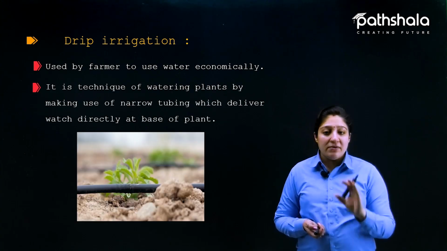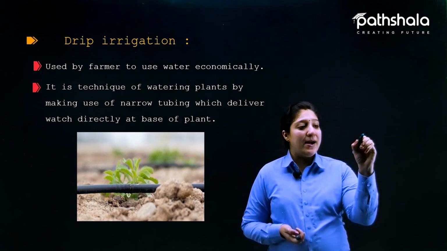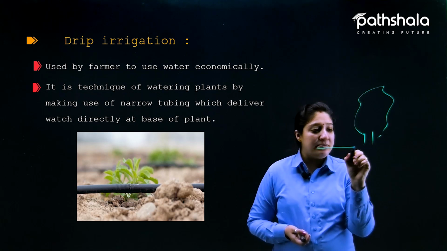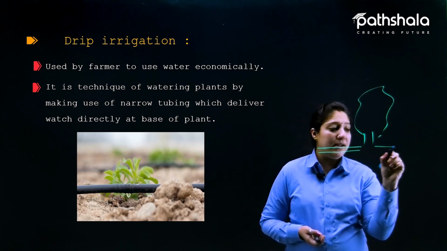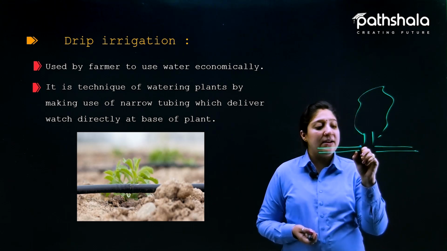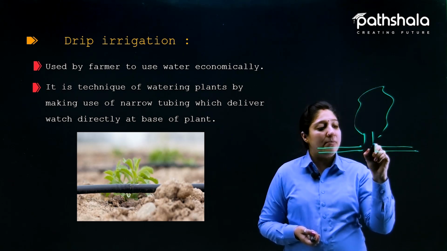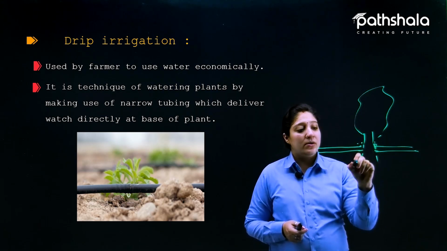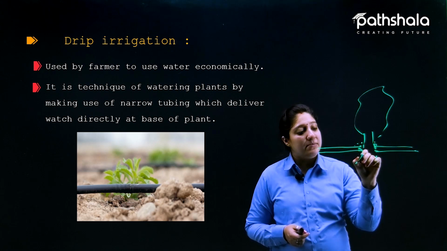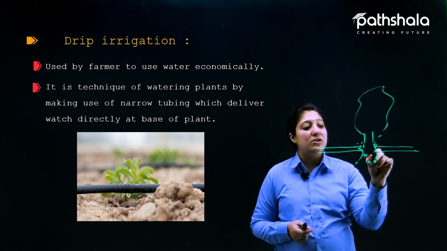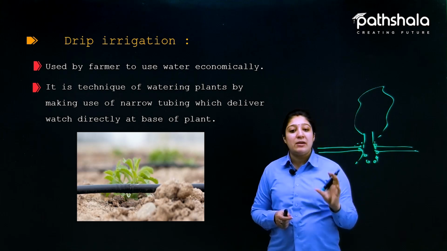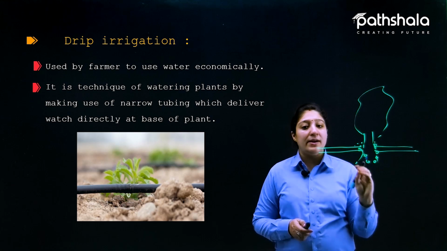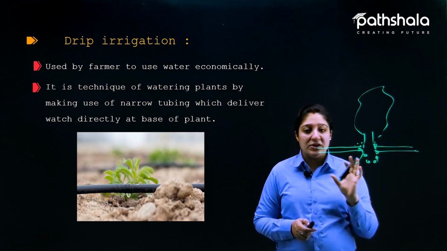It is a technique in which there is a plant, and the pipes are connected in the ground itself, and the water is dropped drop by drop near the roots. The water from the pipes goes drop by drop to the roots, so that less water is taken by the plant, or we can say less water is wasted during the irrigation process.